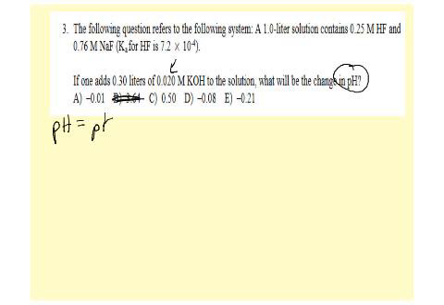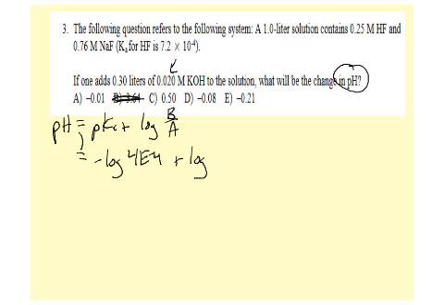pH equals pKa plus log base over acid. So this would be negative log 4E negative 4 plus log. My base would be NaF, 0.76, over my acid, 0.25. So calculators assemble.